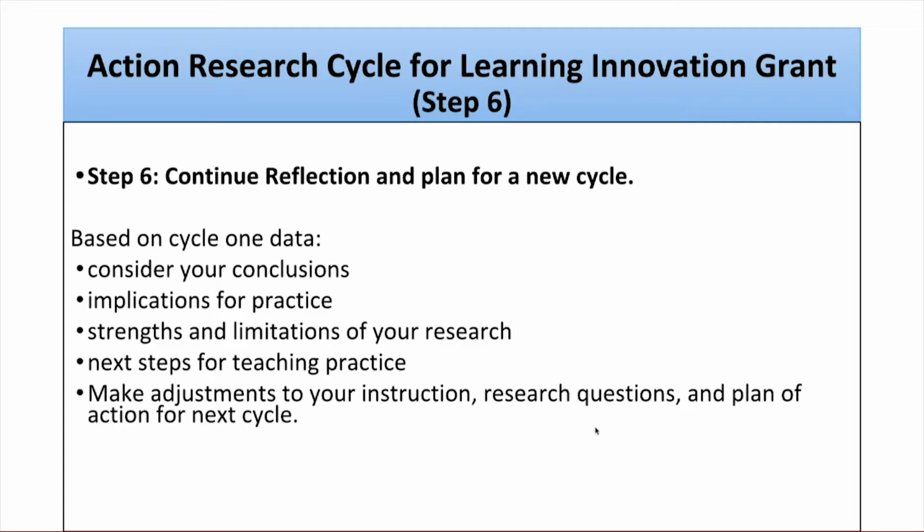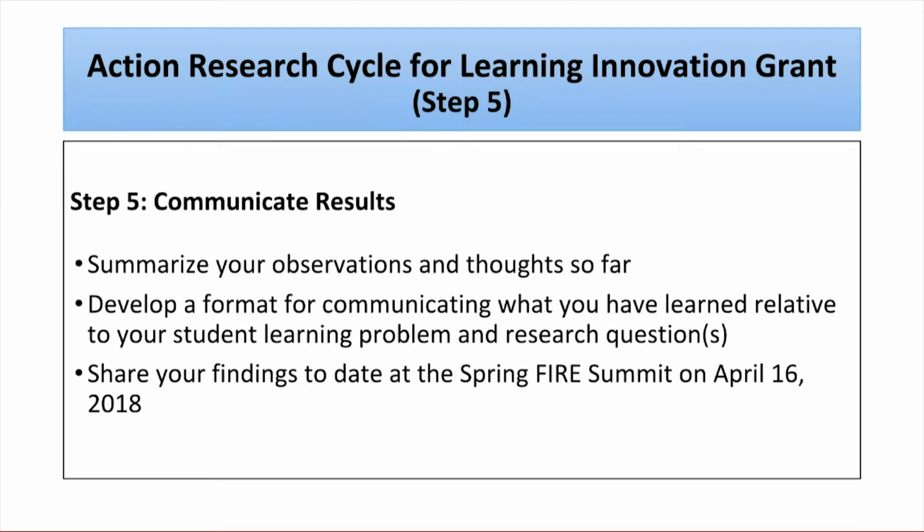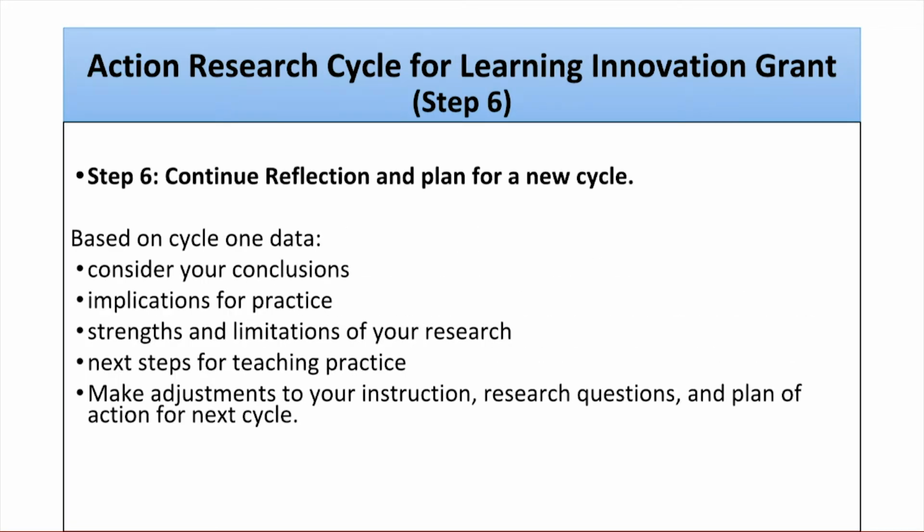Based on this cycle, you will consider your conclusions, your implications for practice, and the strengths and limitations of your research. Did you do the amount of research that you really needed to do to be able to implement what you chose?